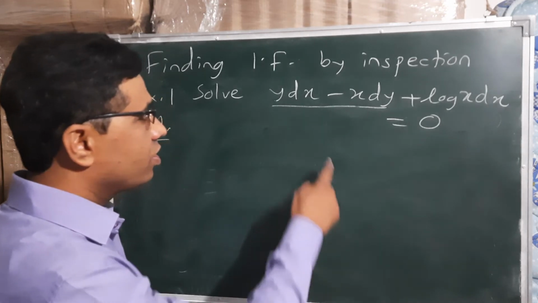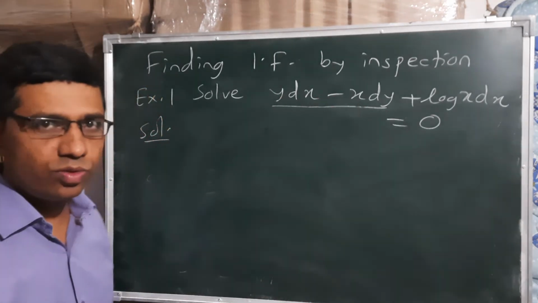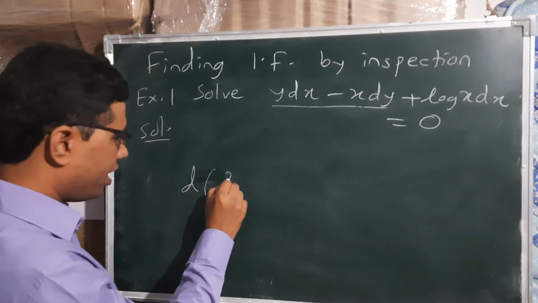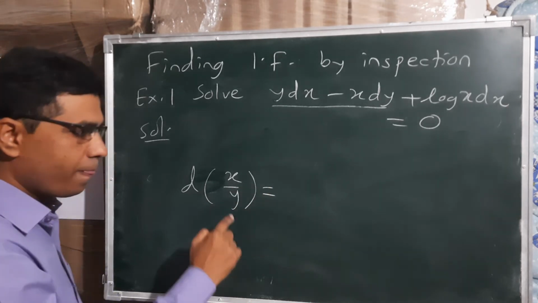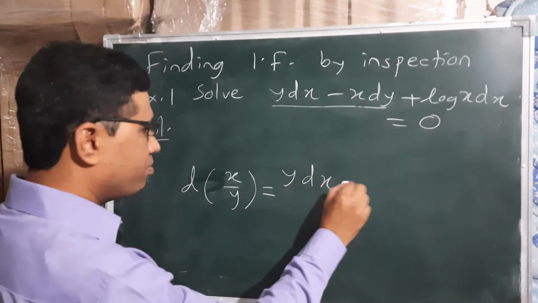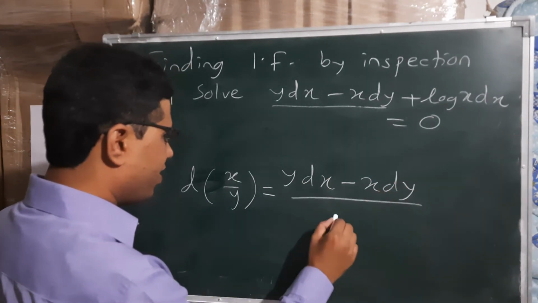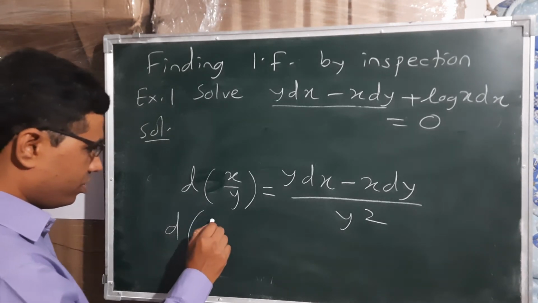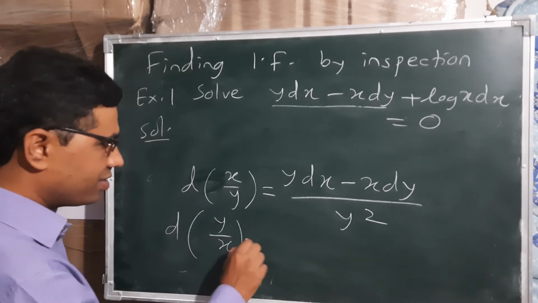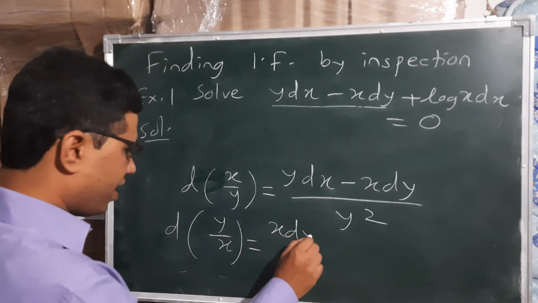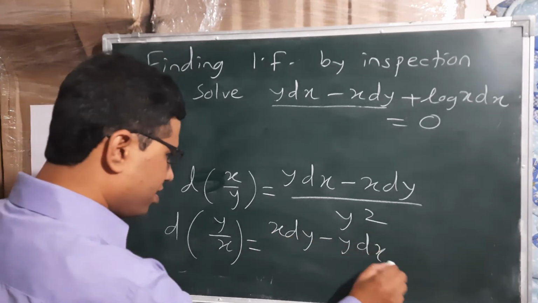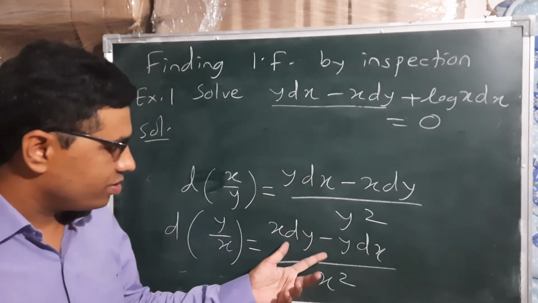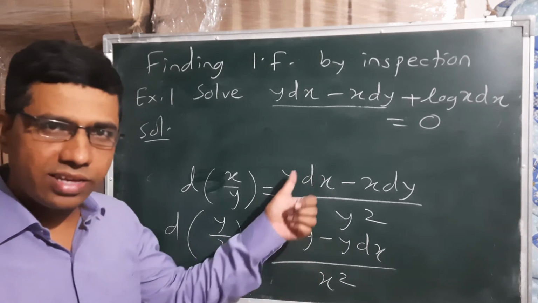So instead we can divide by x square also, because the formula: d of x upon y is (y dx minus x dy) divided by y square. The other way around, d of y upon x is (x dy minus y dx) divided by x square. So we can have the same numerator with a minus sign.